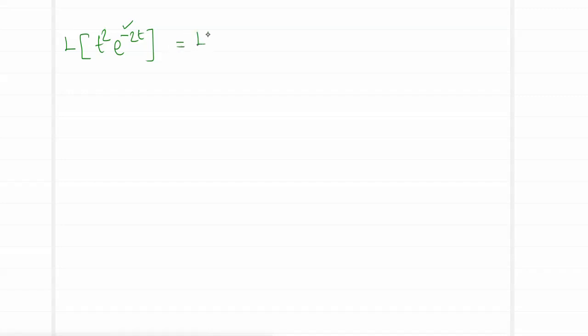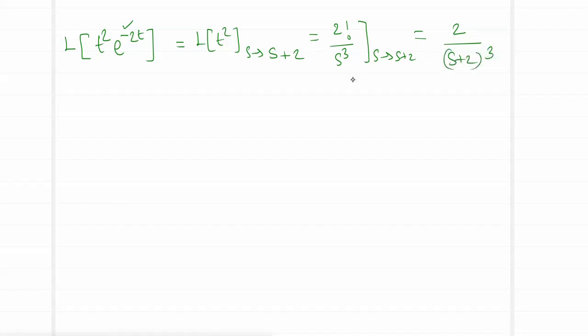This is nothing but Laplace of t squared where s is shifted to s plus 2, because it is a minus sign over here. We know t squared is 2 factorial divided by s cubed, where s moves to s plus 2. So this is 2 divided by (s plus 2) whole cubed. This is by the first shifting theorem.